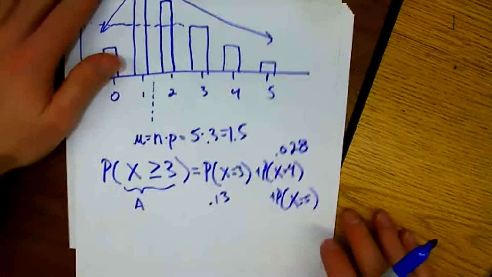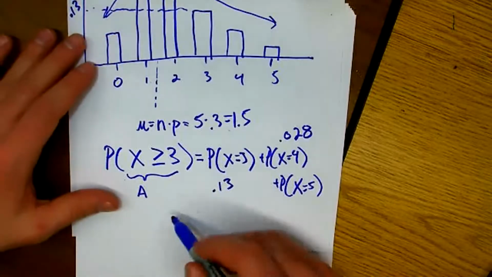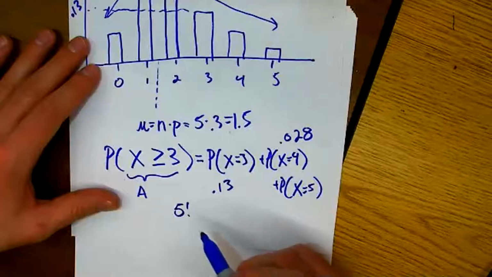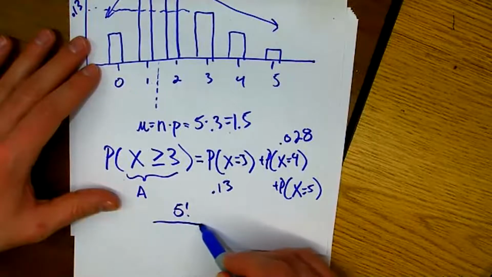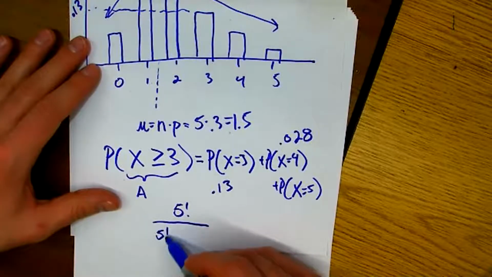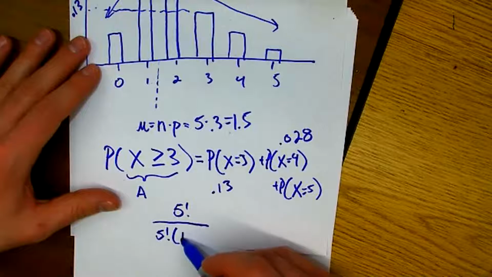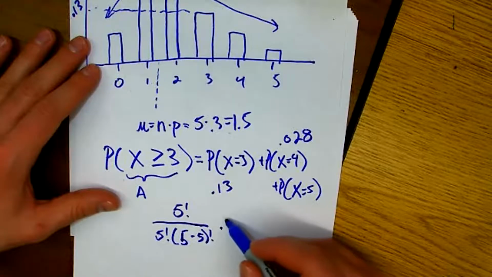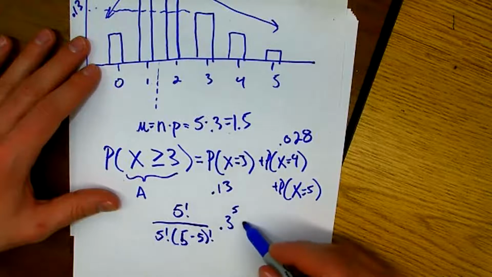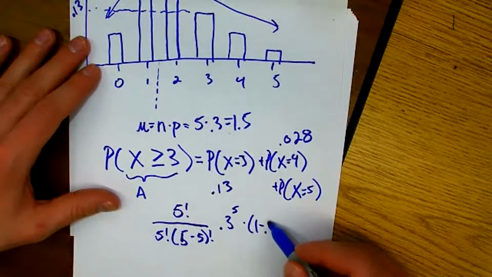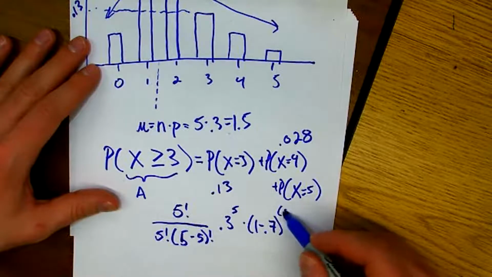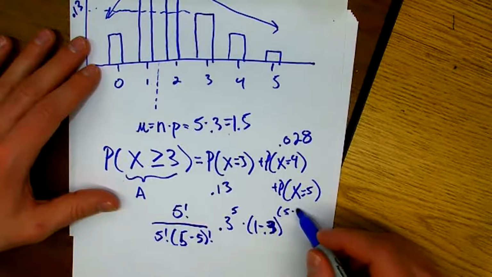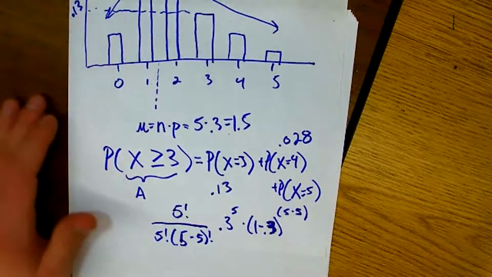If I do this one more time and plug everything in: n factorial divided by x factorial times n minus x factorial, times the probability of success, 0.3, to the x power, times 1 minus the probability of success. No, sorry, 0.7 to the n minus x power. Okay.